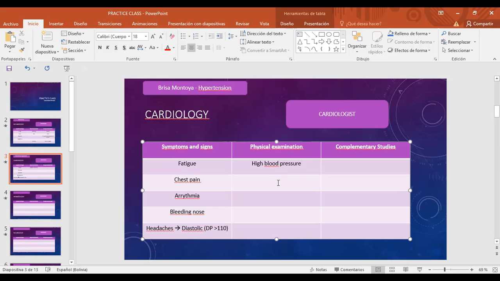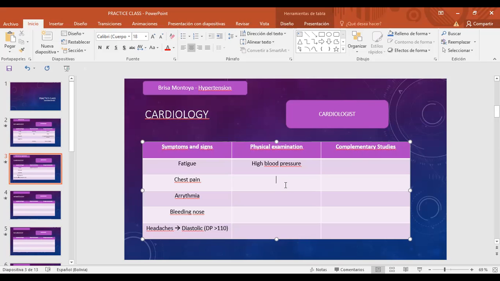Okay, but we're talking about the physical examination first. That would be in complementary studies, the laboratory, okay? So first here, physical examination. I think that's the main thing that you can find. Yes, that would be the first, and the most important actually.